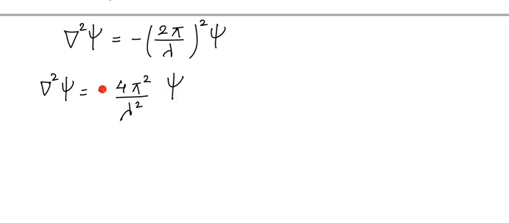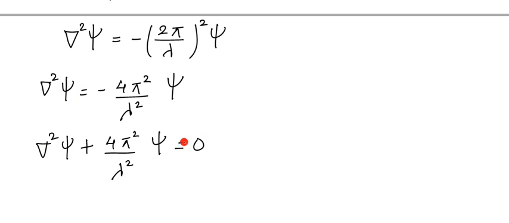Okay, this minus becomes plus if we take this term to the left hand side. Nabla square psi plus 4 pi square by lambda square psi is equal to 0. Okay, let us put this as equation number 4.